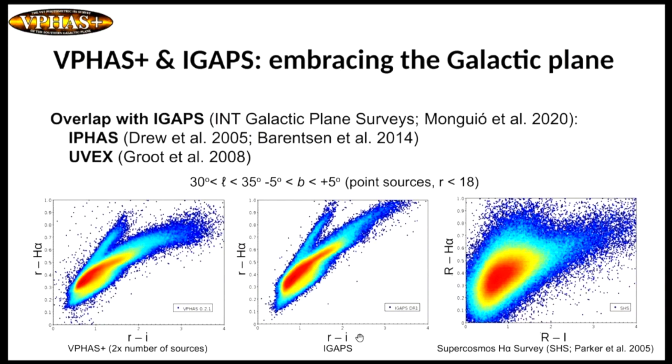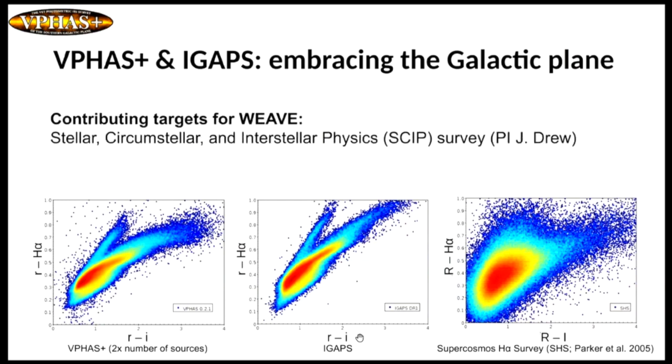sources, of course. And so VPHAS Plus is going to contribute, or actually contributing to the target selection also for WEAVE, in particular for this sub-survey that is also led by Janet, where we are trying to observe all the young stars and interacting binaries in the galactic plane.